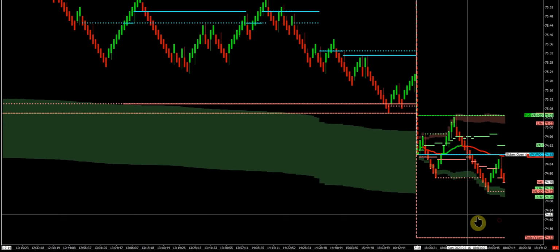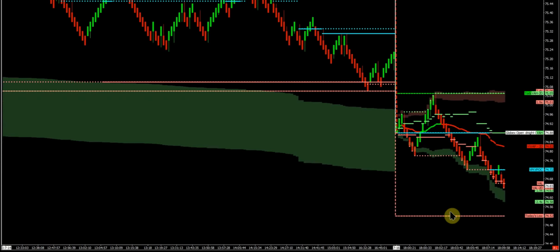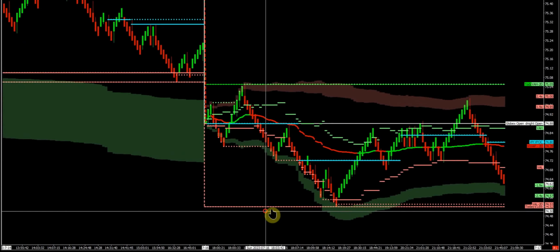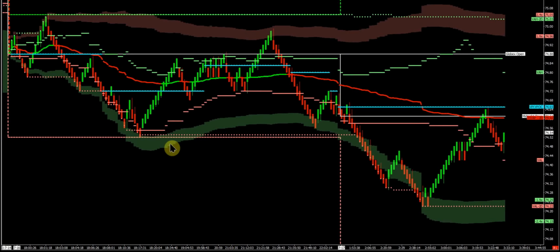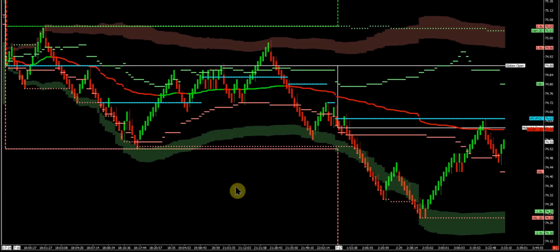Okay. Now let's look at this one, 7/16 into 7/17. This was Sunday coming in to 7/17. All right. So I'm looking at $1,000 moves.